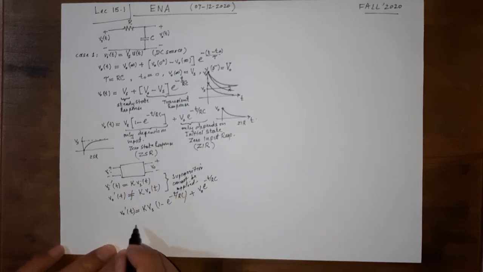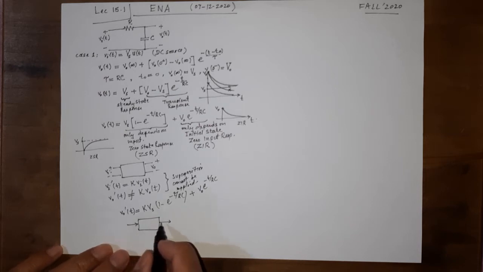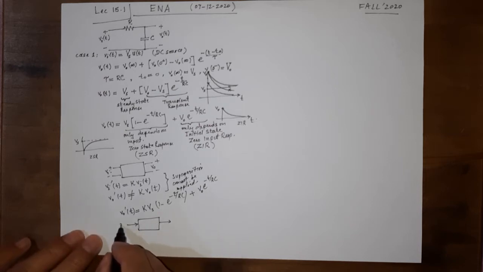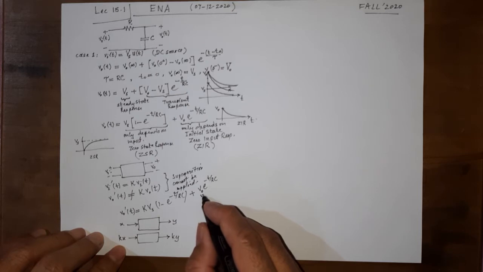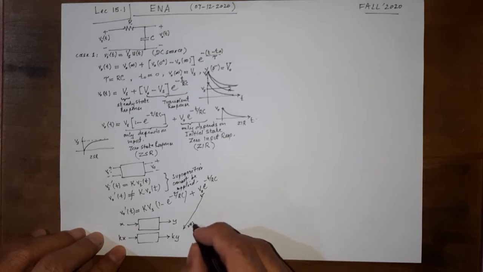That is why, whenever we write systems as blocks and some representation of the system here, and we say the input is x and the output is y, and if we multiply the input by some constant K, and the system is the same, nothing changes in there, and the output is Ky, then it clearly means for this to take place, this term must be 0.